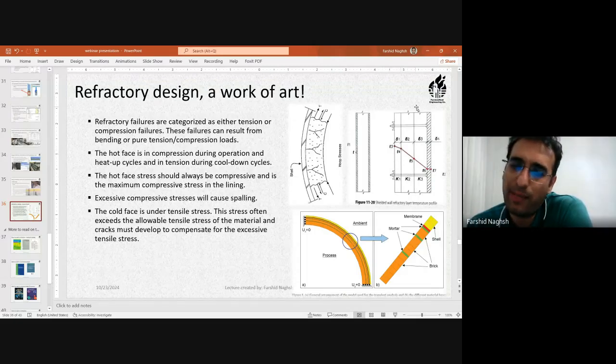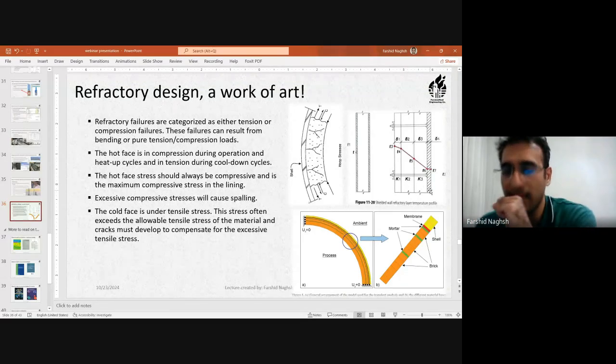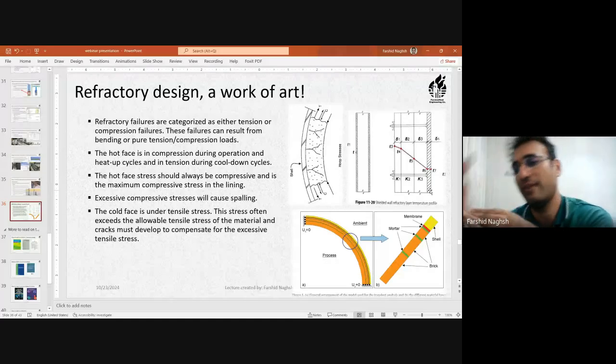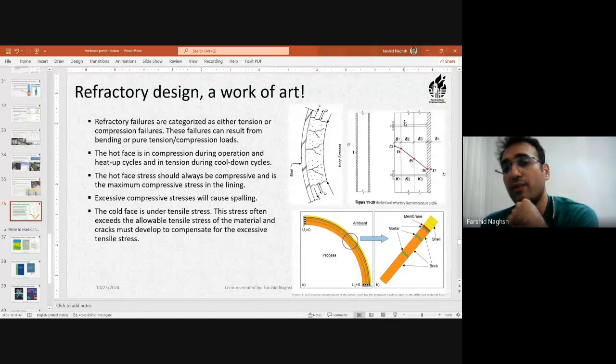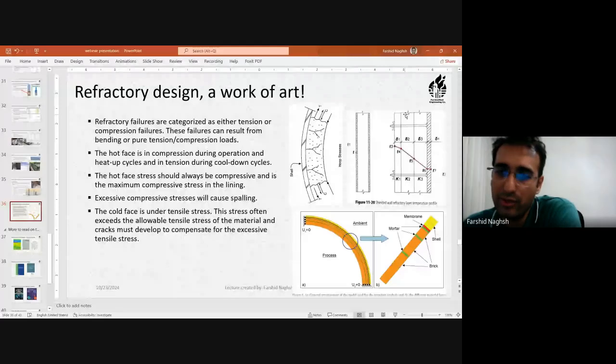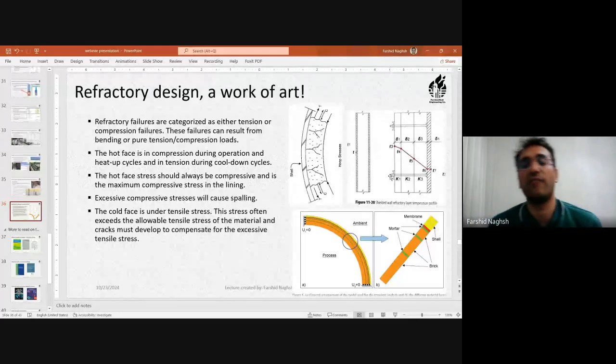You have to determine the amount of heat that is going to exit from the refractory, after that from the vessel shell, and then out, to determine this temperature and define the thickness required for the refractory. This is the obvious process of designing and choosing the thickness of refractories.